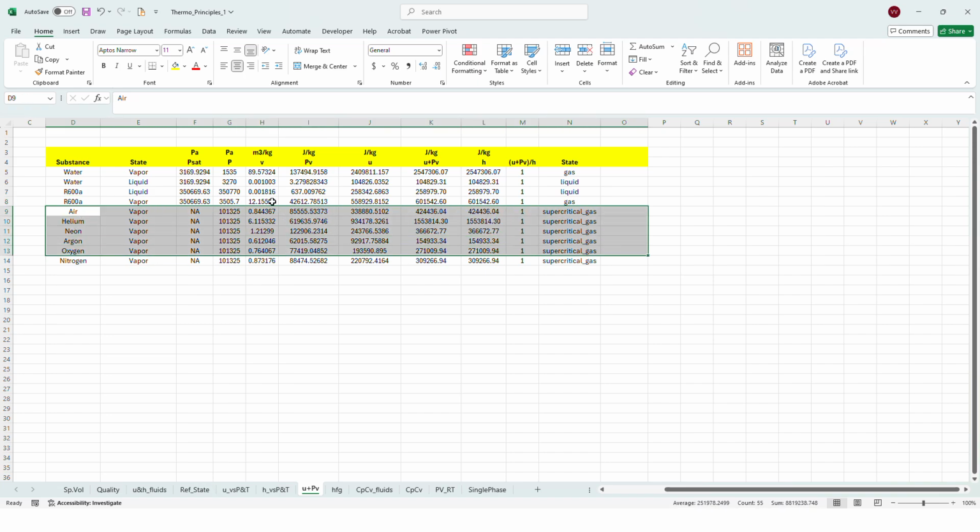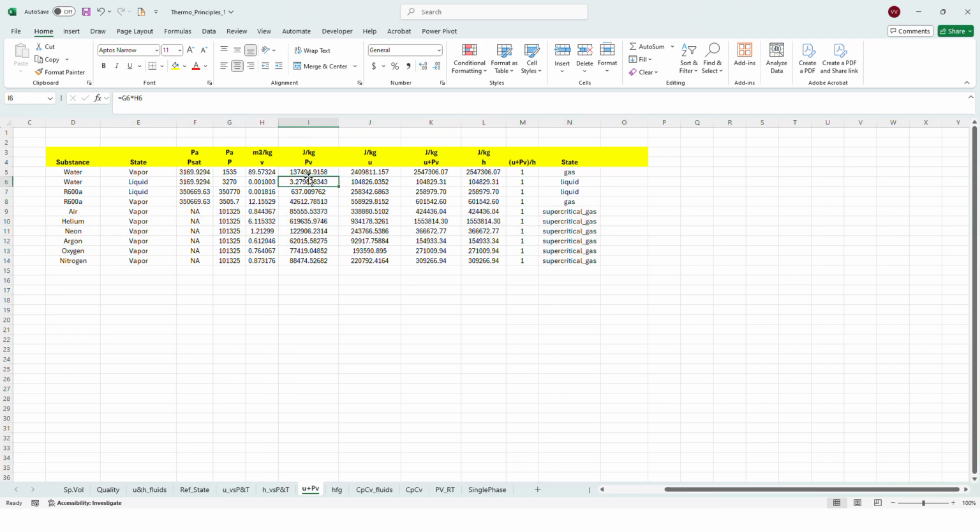You can calculate the internal energy and the enthalpy, and also calculate their specific volume, multiply that with their pressure to get the PV value, then add that with U to create the U plus PV. Now compare U plus PV with H that you calculated directly using PropsSI. You can see that they match in all scenarios.